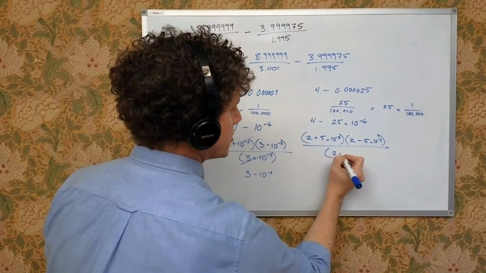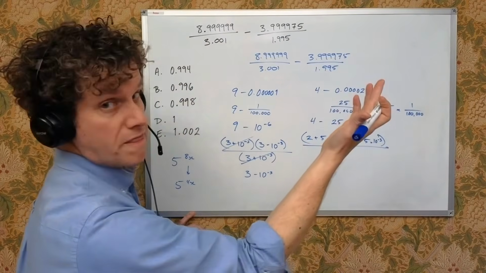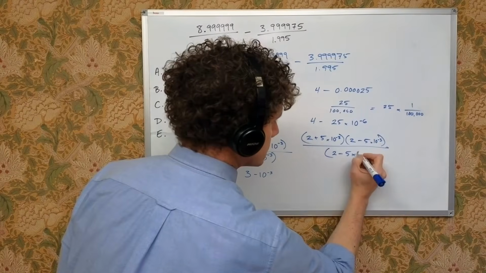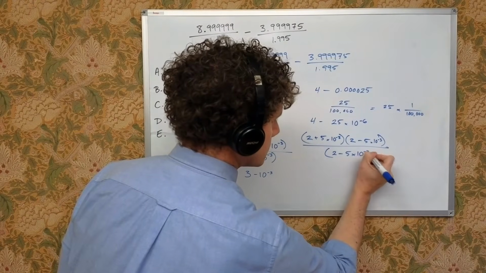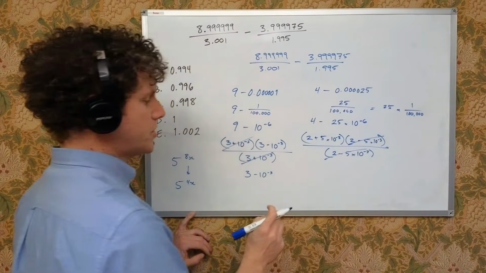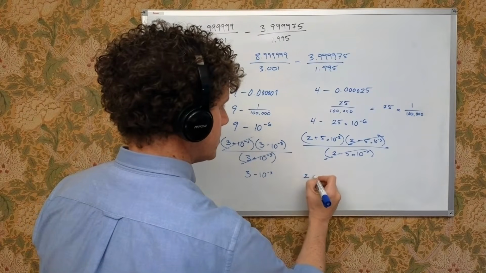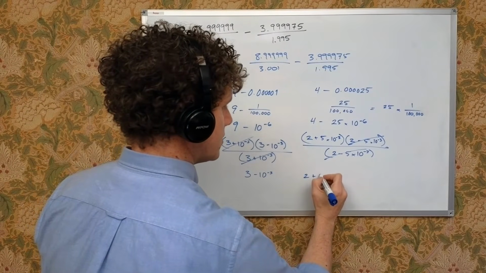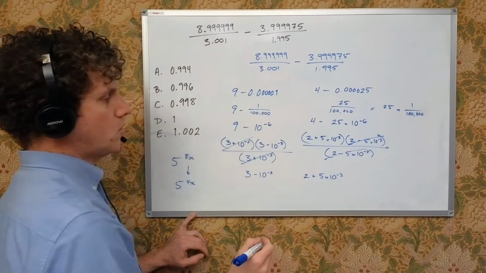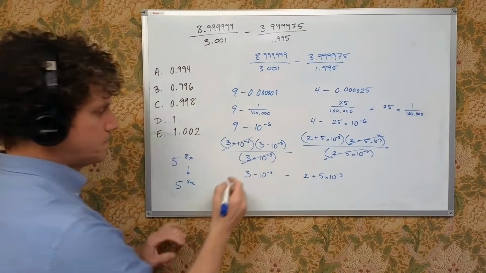We can see that that is also 2, from which 5 thousandths have been taken away. Once again, these two cancel, and what we have here is 2 plus, and what we're doing with them is subtracting them.